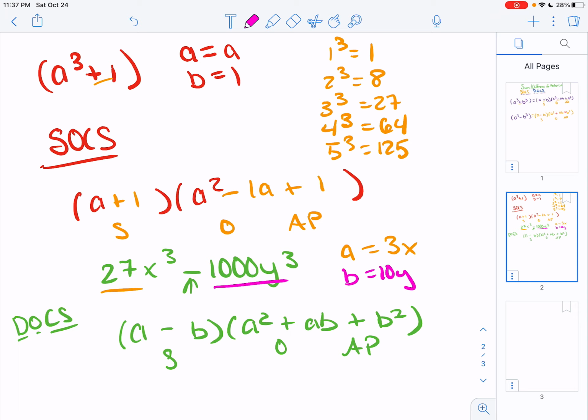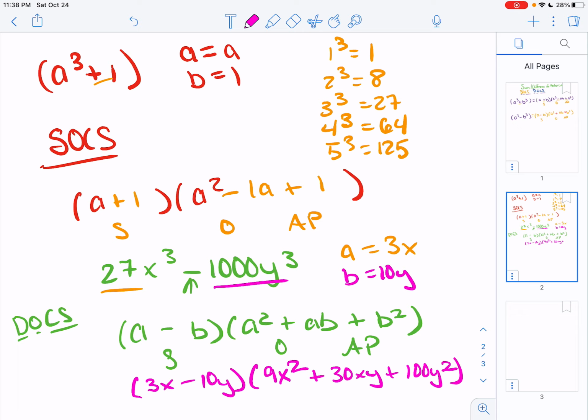I just plug into my formula now. So a is 3x minus b is 10y. Now I have a squared, so 3 squared is 9x squared, plus ab, so it's 3x times 10y, so it's 30xy. And then I have b squared, so 10 squared is 100y squared.